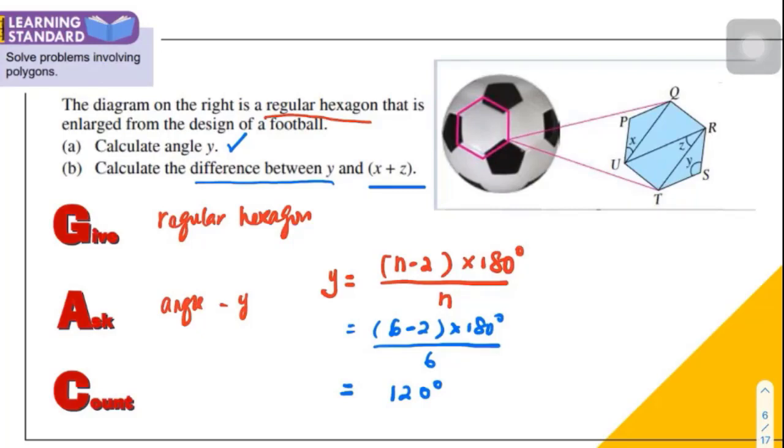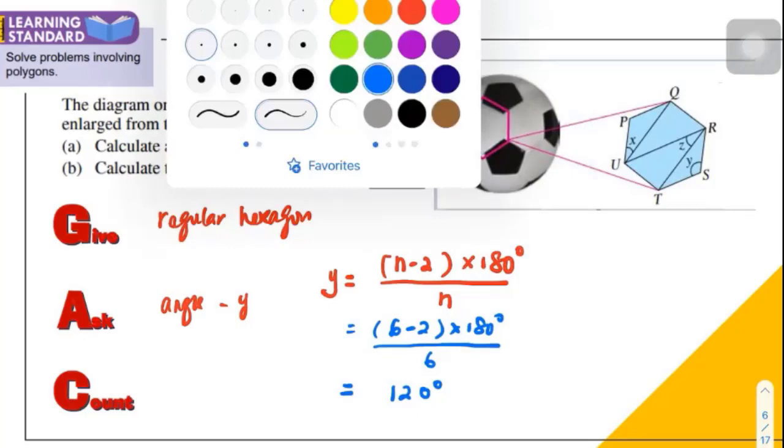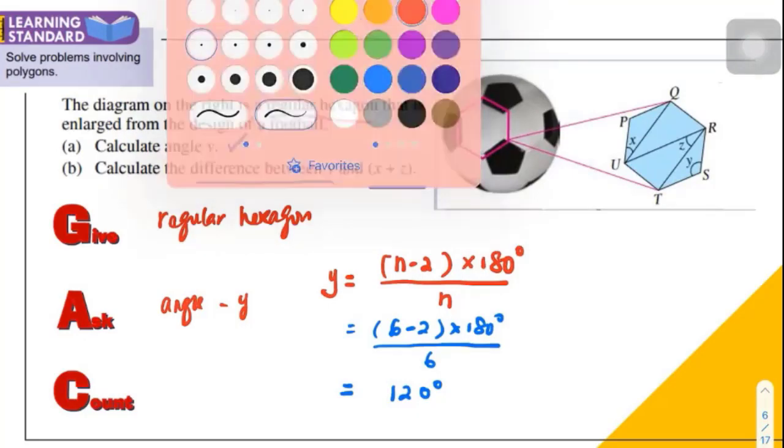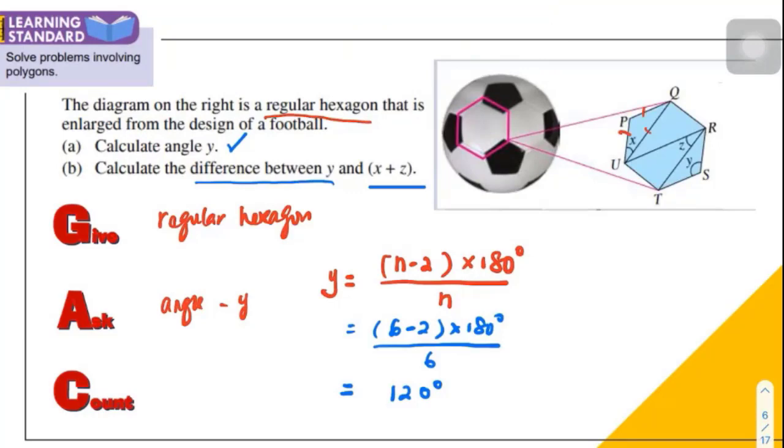Regular polygon, the lengths of the sides are the same. So this triangle is considered equilateral, isosceles, or scalene? The sides are the same, right?